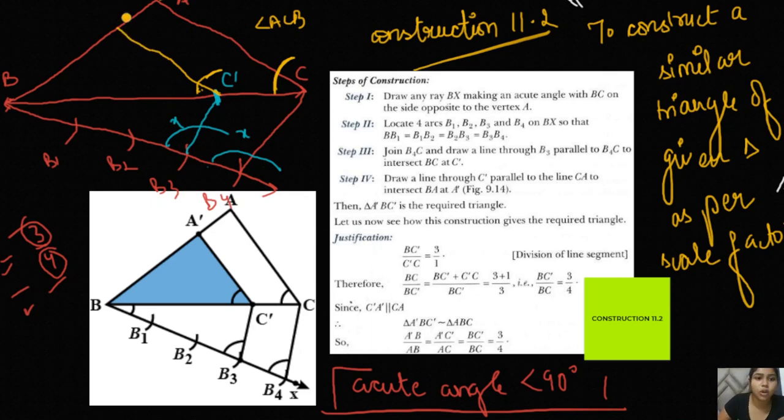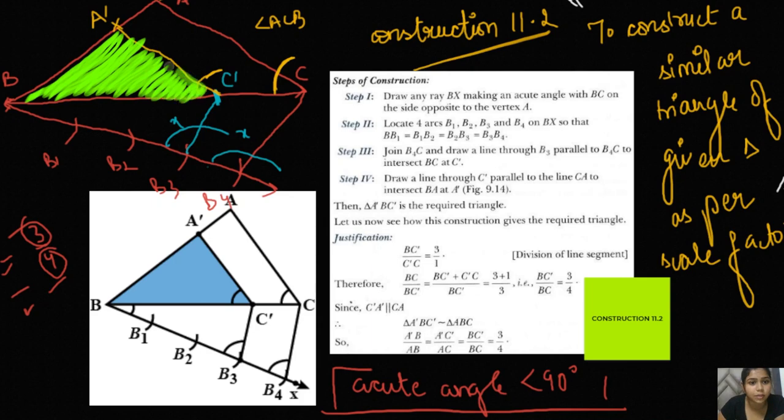The point where it cuts AB, let's suppose, is A dash B. So after cutting from both sides we get this picture, and this is the required similar triangle we have drawn from the given triangle ABC.